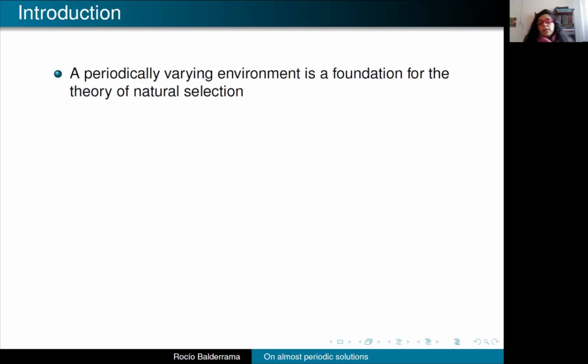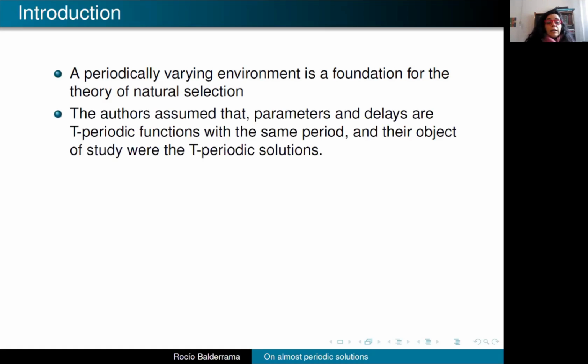This model, this generalization, and others have been intensively studied. One point is that a periodically varying environment is a foundation for the theory of natural selection. So it makes sense that the parameters are not constant but varying with time.